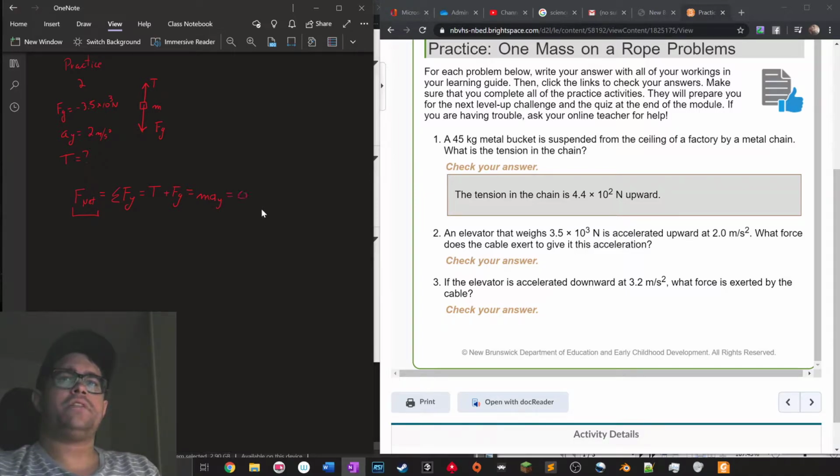But this time it is not equal to 0, because that means there would be no acceleration. But there is a mass, and there is an AY, it's 2. And the mass is something like 100. It's never 0, so it's not going to be equal to 0.